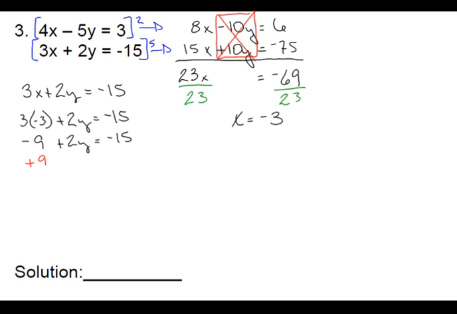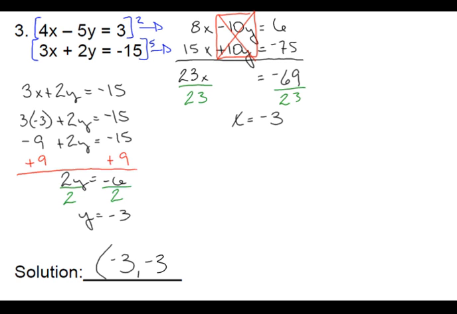Add 9 to both sides. 2y is equal to negative 6. I now divide both sides by 2. And I find that y is equal to negative 3. So my final solution is negative 3, negative 3.